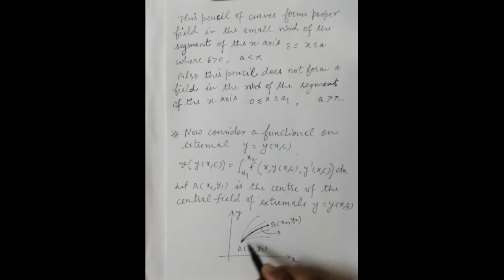This extremal AB, y equal to y(x, c naught), for the fixed value of c, that is c naught, we get the extremal AB.